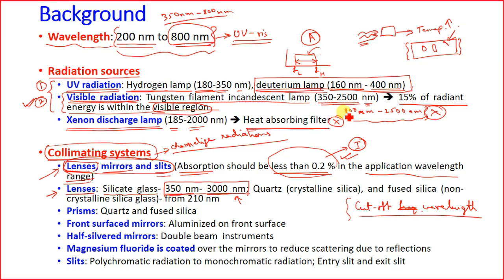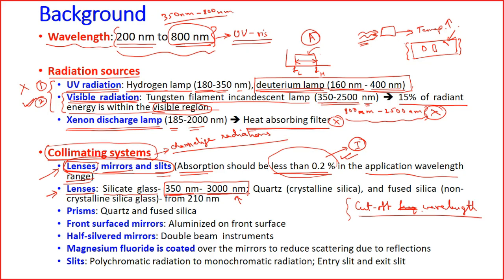Using the visible spectrophotometer, we only work in the visible region, and using the UV visible spectrophotometer, we can work both in the UV region and the visible region. And definitely, if you are working on the visible spectrophotometer, UV radiation sources will not be there.